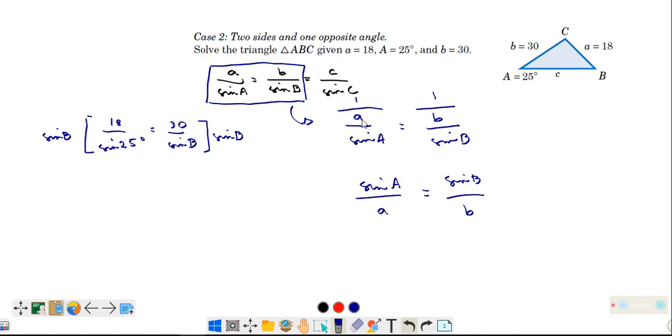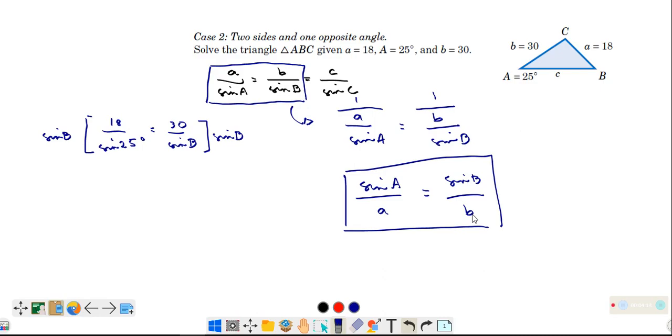You will still end up with an equation that is equal to the original equation. So, itong left side at saka yung right side, parehas pa rin sila. So, this way, if we are going to focus on this formula, sine A over A, sine B over B, wala tayong unknown na nandun sa denominator.